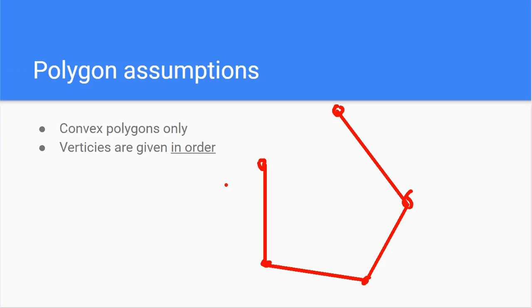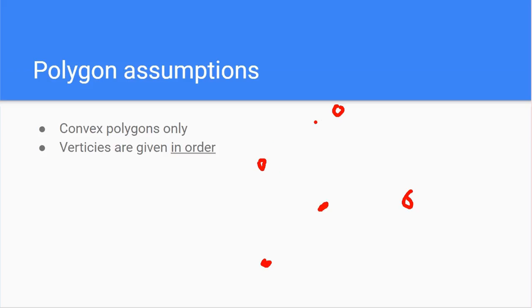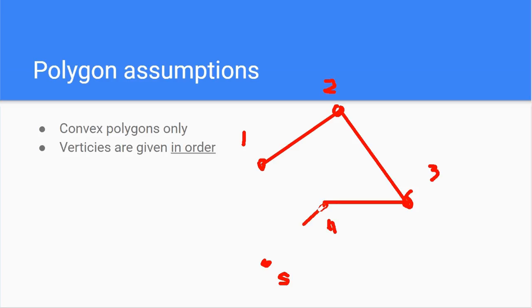If I back up, and let's say you take this point and move it inside, depending on the order these are in, let's say this is vertex 1, that's 2, this is 3, that's 4, and 5. The vertices have to be in some sort of organized order, otherwise you wouldn't know how to connect them. So if you do this, this is a concave polygon because it has an indentation.